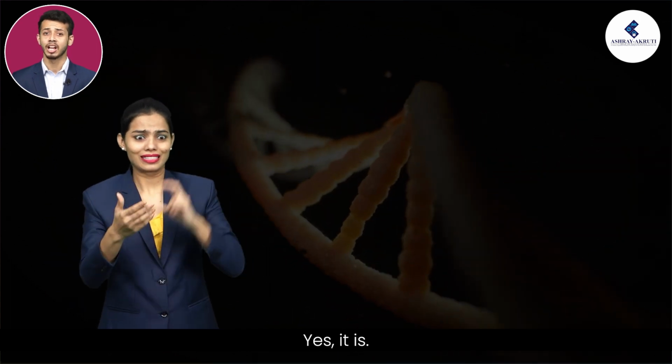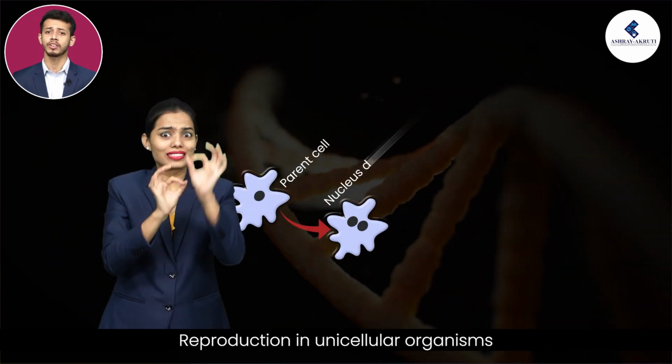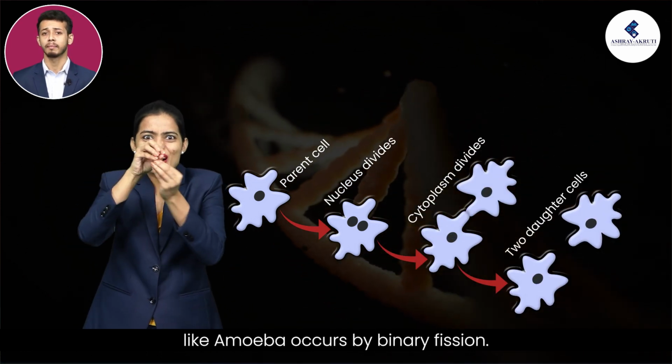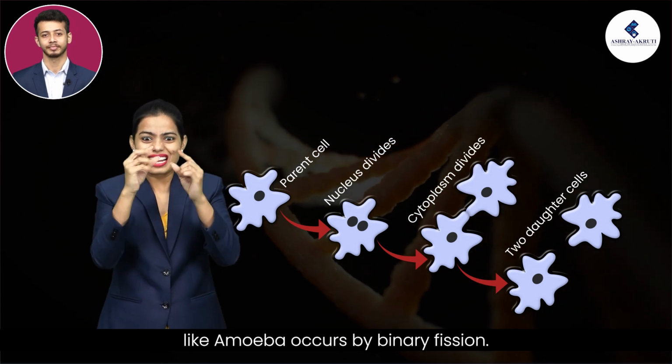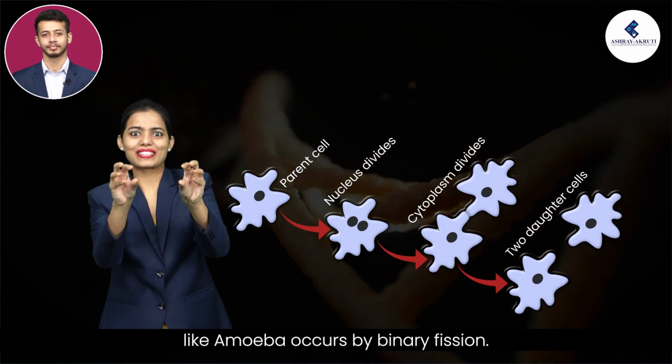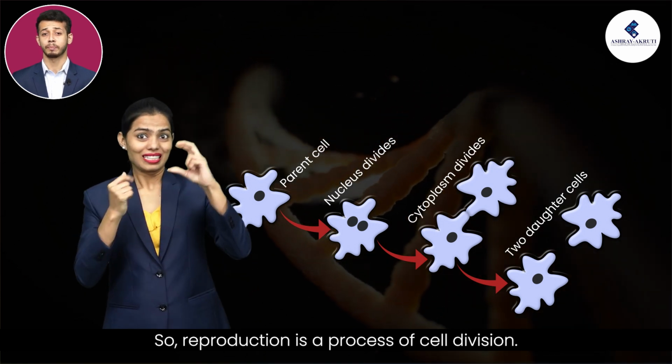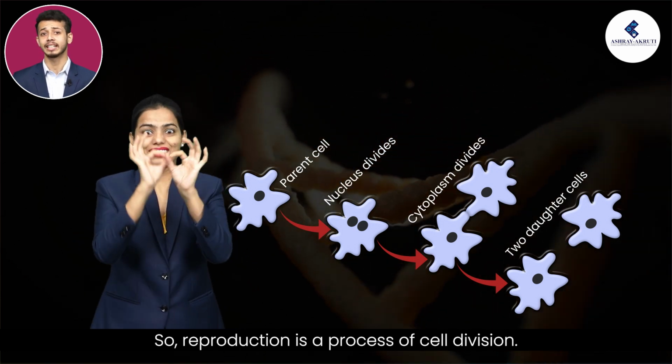Yes, it is. Reproduction in unicellular organisms like amoeba occurs by binary fission. So, reproduction is a process of cell division.